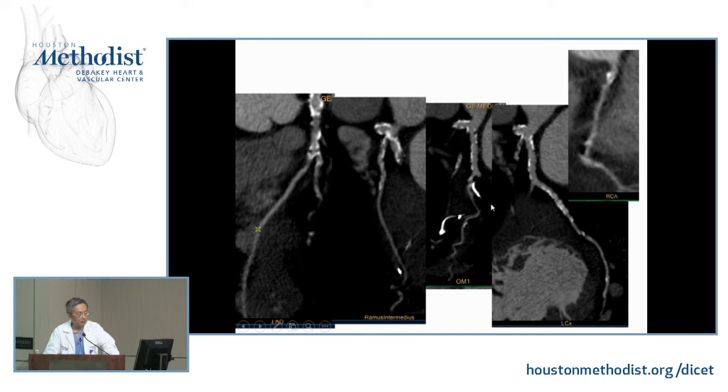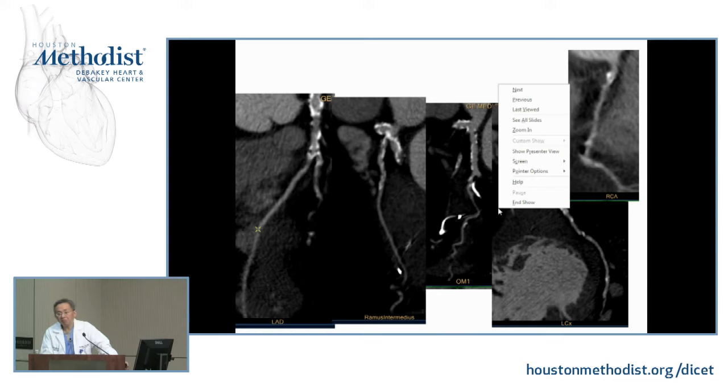The right coronary is very small and non-dominant. The LAD has disease, and is it 75%, is it moderate? Is it significant here? But the key is, we don't know exactly. The patient had a functional test, supposedly showing inferior lateral ischemia.